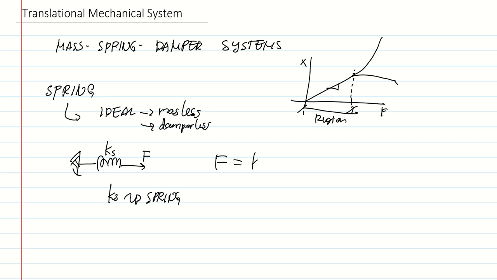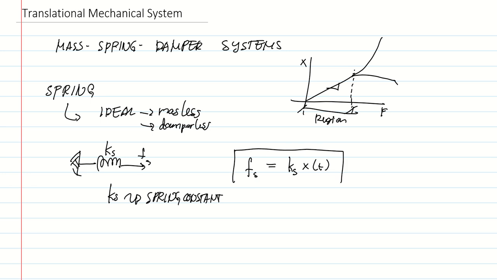If we include that Ks, spring constant, then the force due to the spring, let's call it Fs, and in time domain, small f, f of t will be equal to Ks times the displacement x of t. This will be the model for the spring.